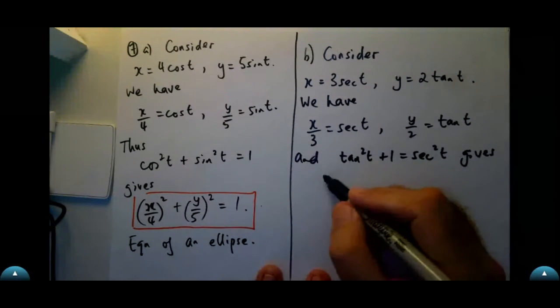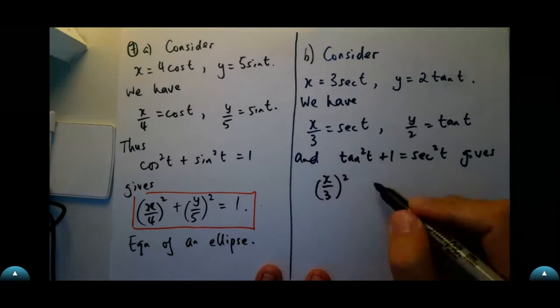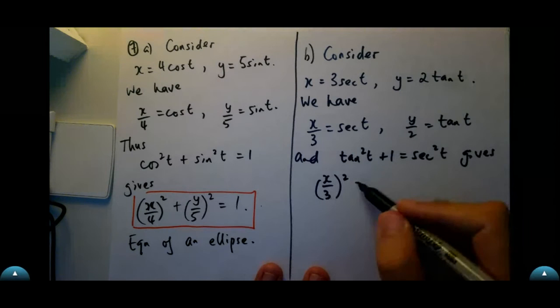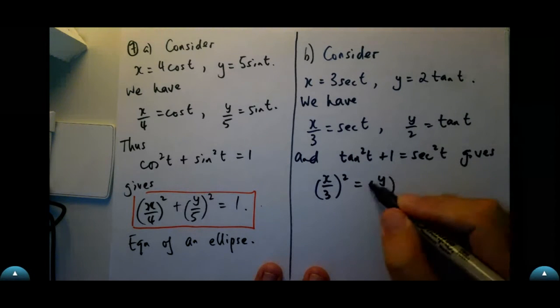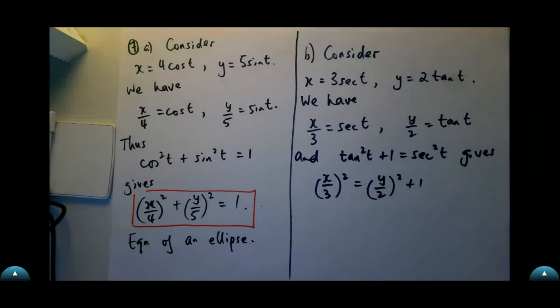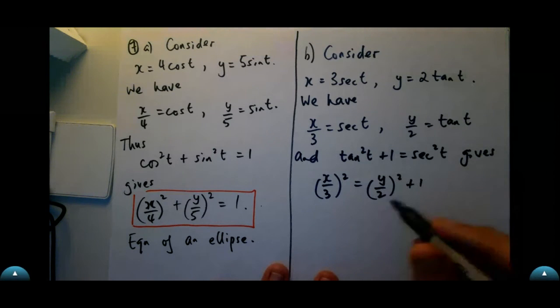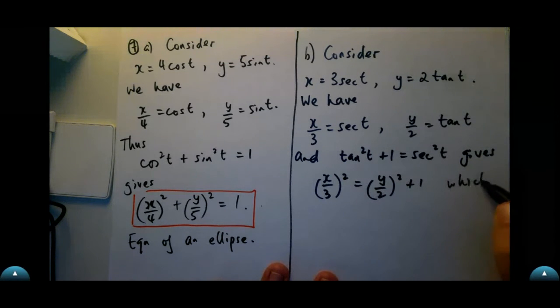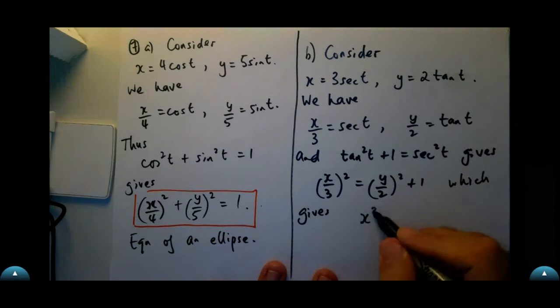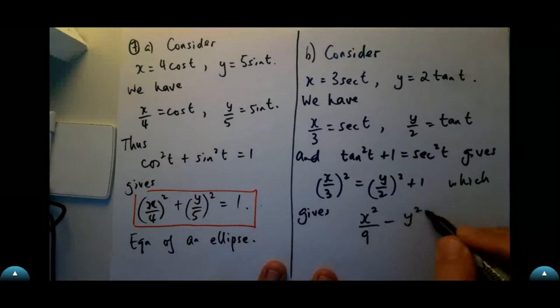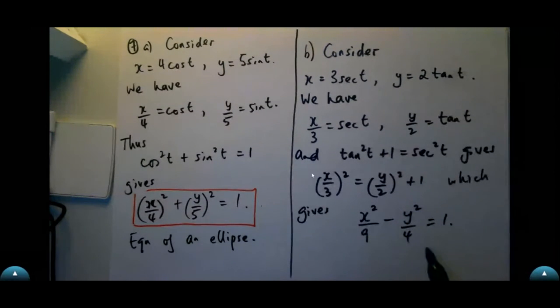So we're going to square that. Okay, so we can expand this if we want to. Let's go, x squared on 9 minus y squared on 4 equals 1. And this is a hyperbola.